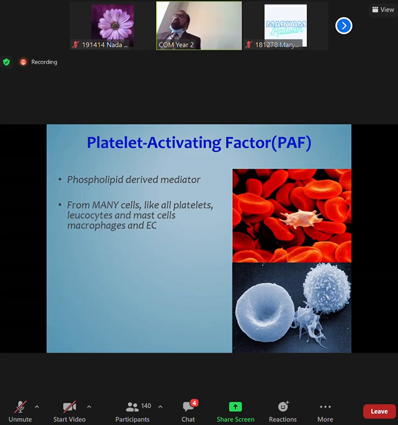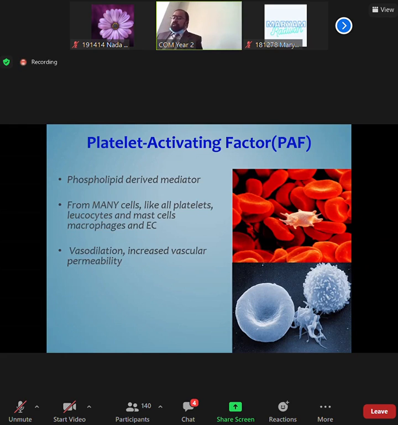When we were students, after passing MBBS, in our time there were only two chemical mediators: one was histamine, another was serotonin. That's all, no other one. Now, slowly and gradually, more have come out, and it was thought that platelet activating factor is only present in platelets. But now they say there are many other cells that have this platelet activating factor.